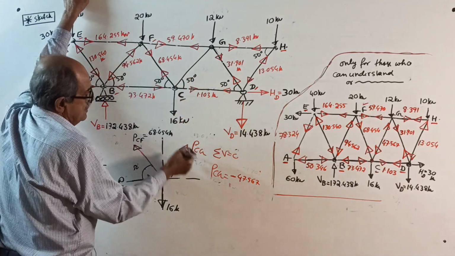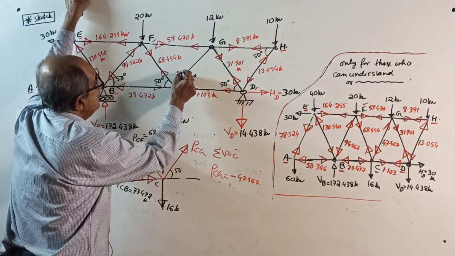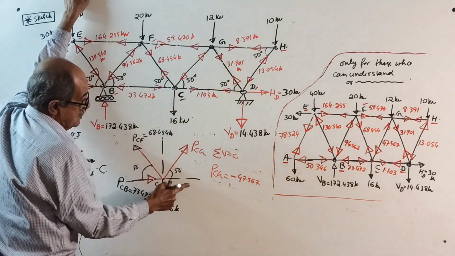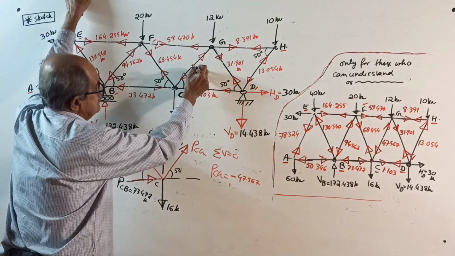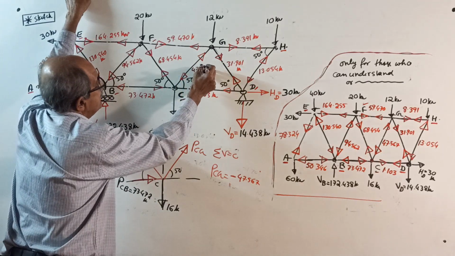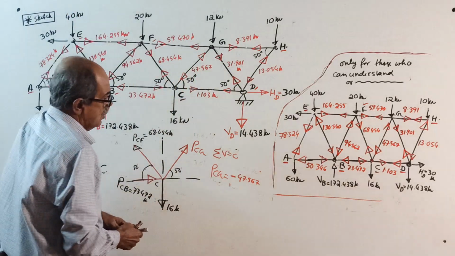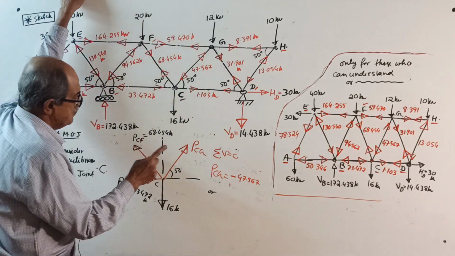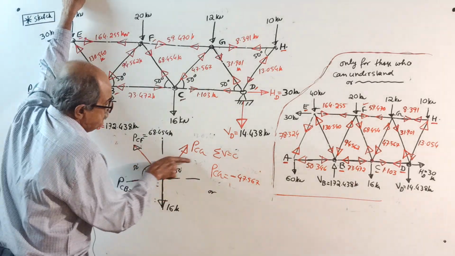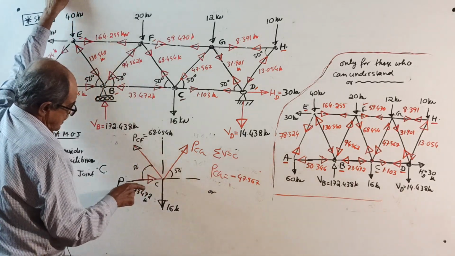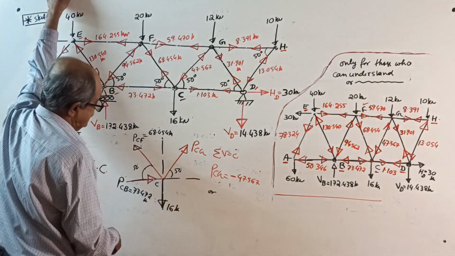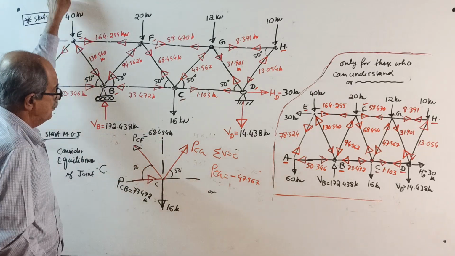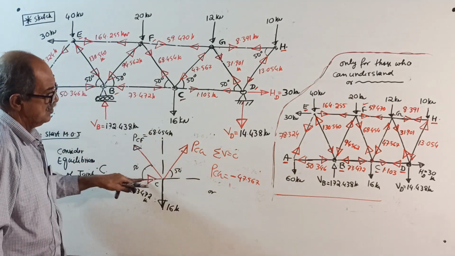So minus means we took it wrongly, it is actually this way, 47.567. Or you do one thing. Instead of sigma V equal to 0, suppose you make sigma H equal to 0: plus PCG cos 50 plus 73.472 minus 68.454 into cos 50 equal to 0.